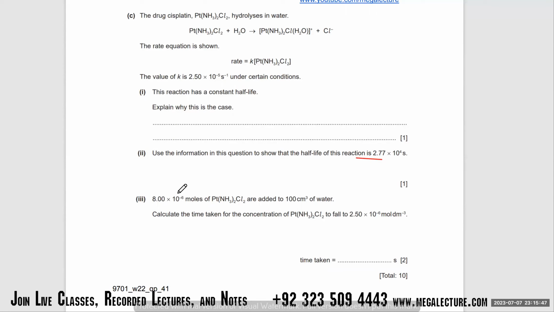He says that the starting concentration of this cisplatin is 8 times 10 power minus 6 moles added to 100 cm cubed. Calculate the time taken for the concentration to fall to this. So first thing, tell me what is the initial concentration: moles, and the volume is given. Try and calculate the initial concentration.